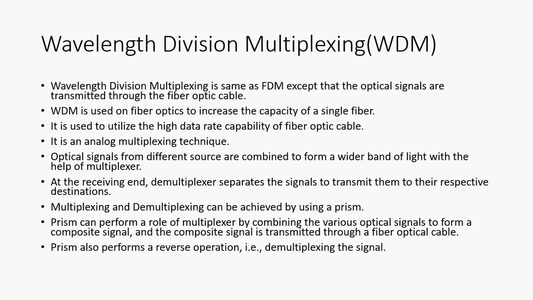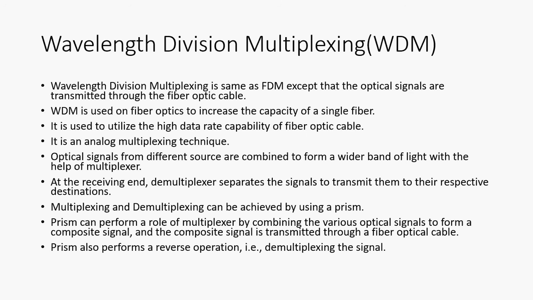It is also used to utilize the higher data rate capability of this fiber optic cable. It is also analog technique, but it is suitable for fiber optic cables. The optical signals from different sources are combined to form a wider band of light with the help of multiplexer. At the receiving end, demultiplexer separates the signals to transmit them to their respective destinations.